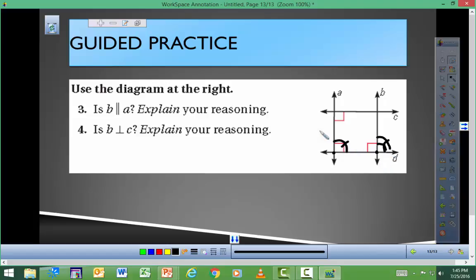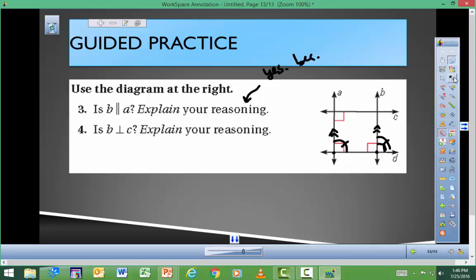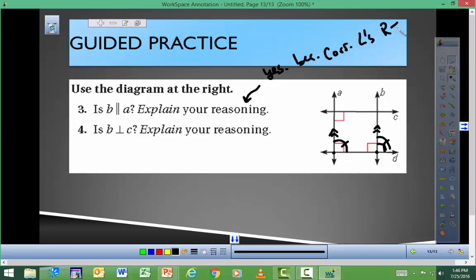Those are corresponding angles, so these lines are parallel. So yes, because the corresponding angles are congruent. Okay, let's just leave it at that.